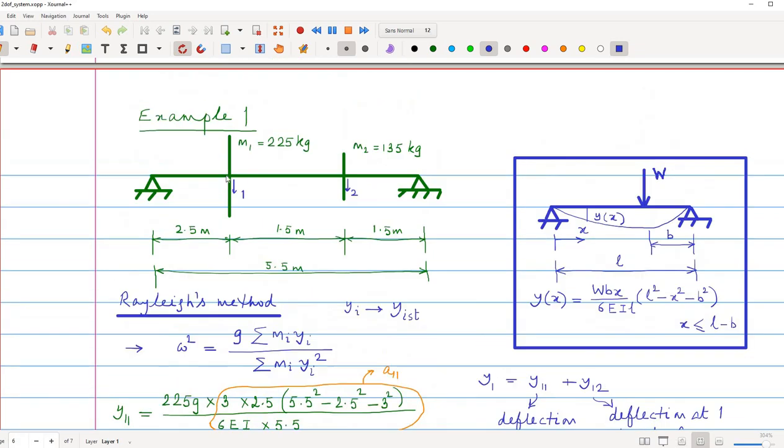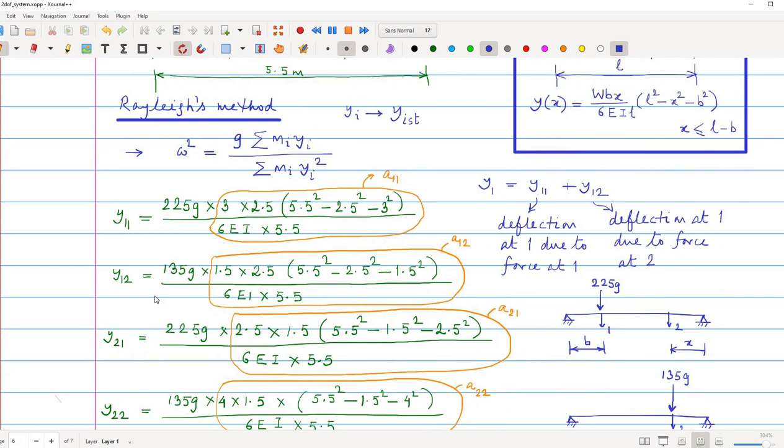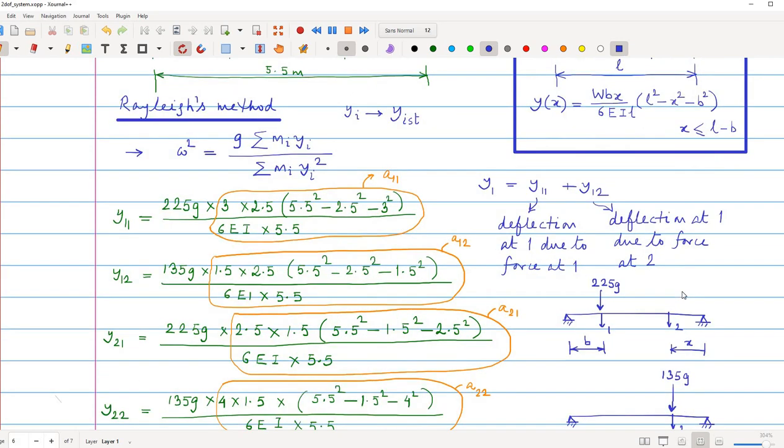So now if you put a weight here, y1, the deflection here, is y11 plus y12. So this is deflection at 1 due to force at 1 and deflection at 1 due to force at 2.